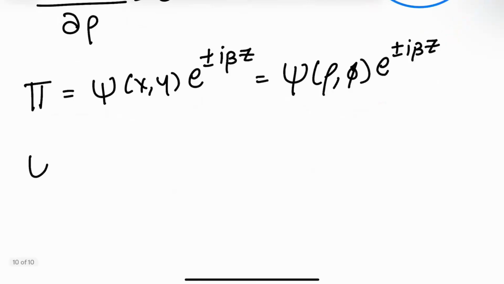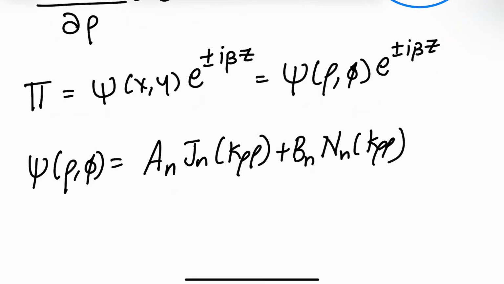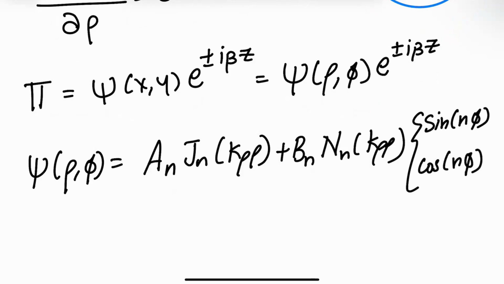Okay, so once again, separation of variables, which we just saw. This can be written as some coefficient times J_n of k_rho rho, plus another coefficient times N_n of k_rho rho, times either sine n phi or cosine n phi. But there are a few things.